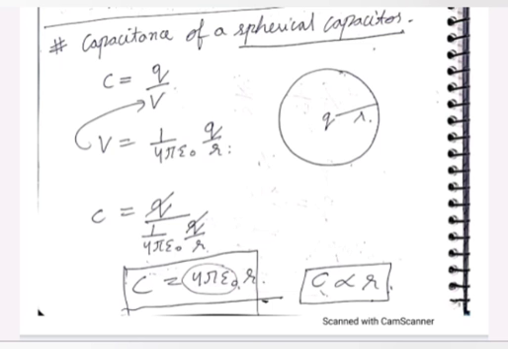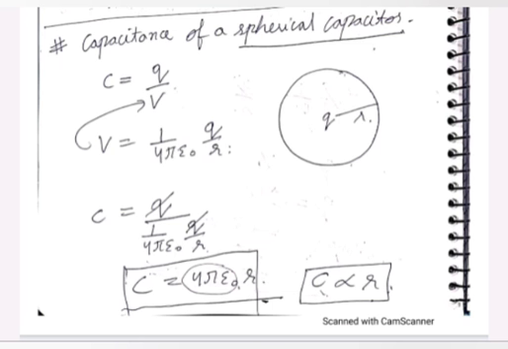V is equal to 1 upon 4 pi epsilon naught times Q upon R. This is the expression for potential. If we put this value in the expression, we get C is equal to 4 pi epsilon naught R.